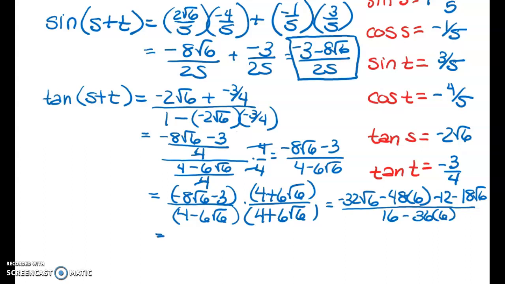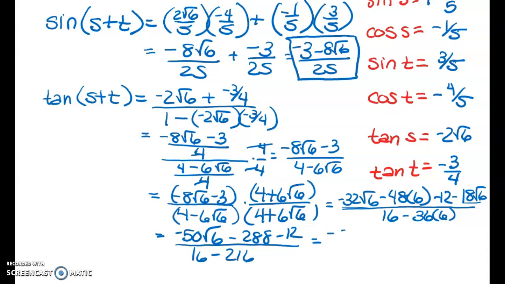So when I combine like terms, I know I have negative 18 and negative 32. That's going to be a negative 50 radical 6. And then when I multiply 6 times 48, I'm going to get 288 minus 12. And now in the denominator, I have 16 minus, that's 216.